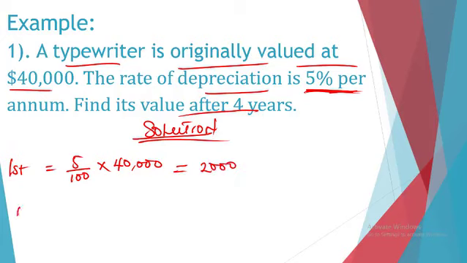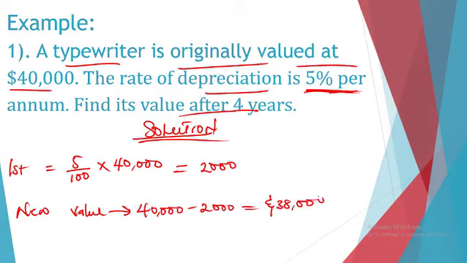So the new value of the typewriter after the first year is then 40,000 minus 2,000, and that will give us what? 38,000 US dollars. That's after the very first year. You see, so it keeps reducing.